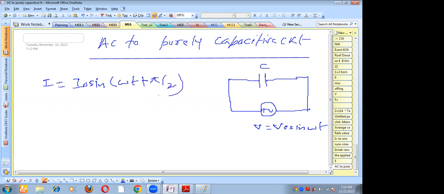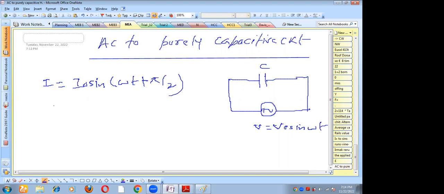Current will lead. You have to remember that in a capacitor current always leads. C for capacitor, C for current. So only remember that in a capacitor current is leading. Getting my point? And in an inductor, current will lag.